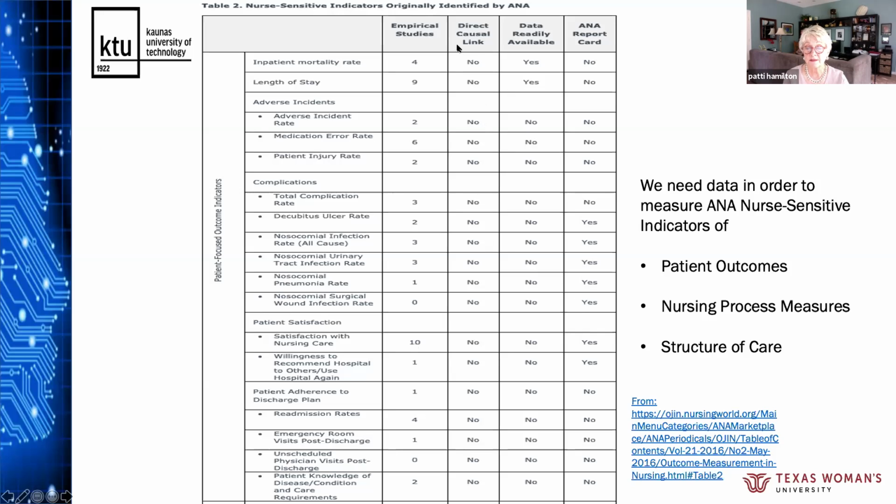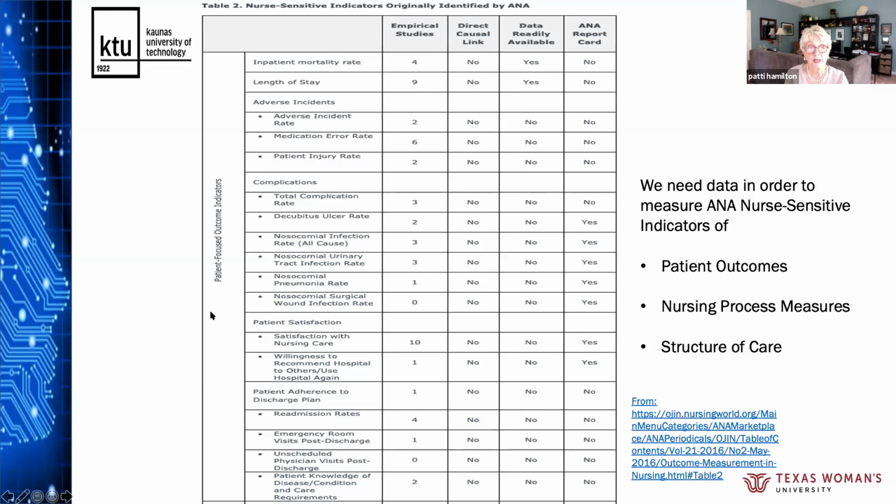Then in this column, she says whether or not these empirical studies suggest that there's a causal link between nursing activity and this indicator. And you can see for every one of these, we did not have data in the 1990s that would back up the link, but we were still measuring it. Now, in this column, very interestingly, she has listed whether there are data that are readily available that we could use to measure this nurse-sensitive indicator.